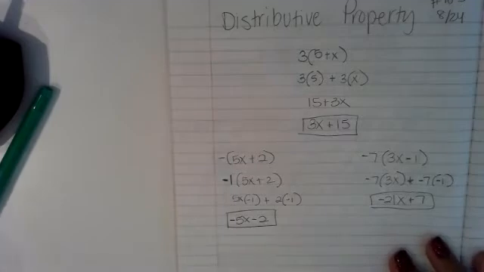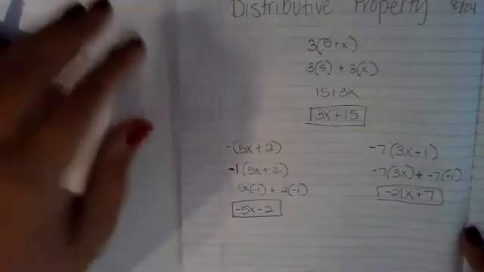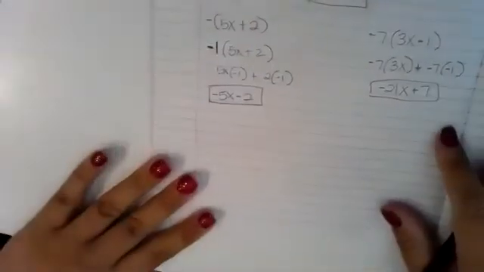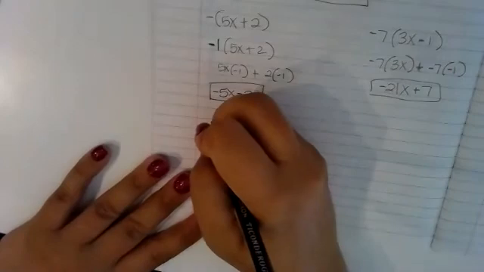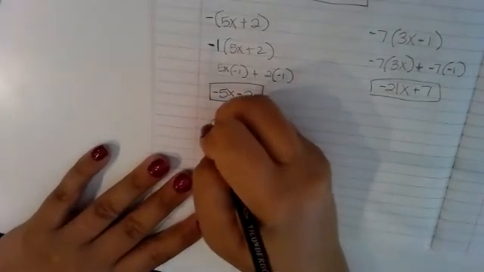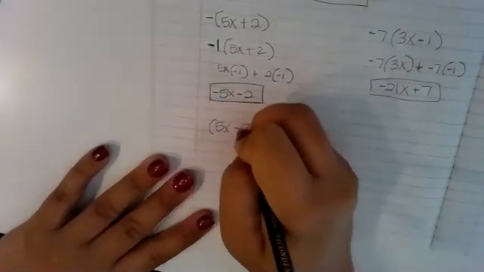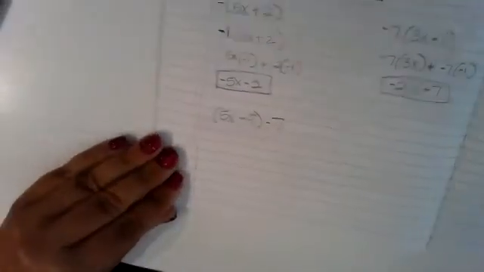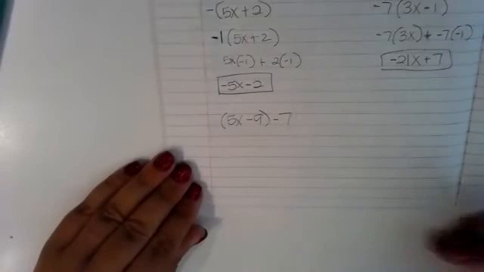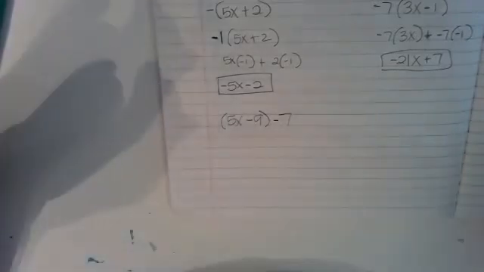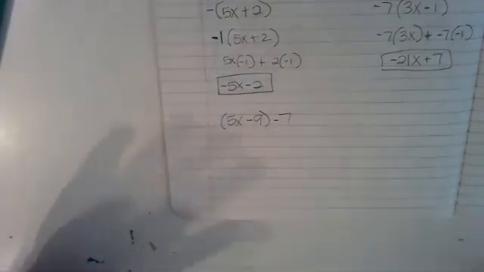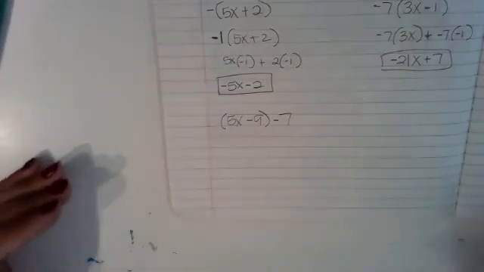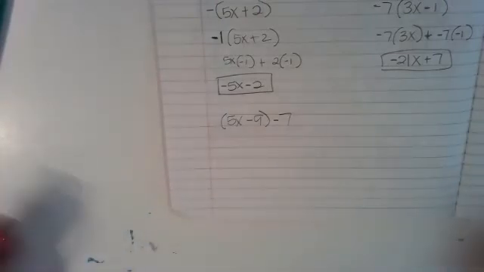Okay, another example. This example is going to show one of the things that a lot of us get stumped on, and here's my example problem. I'm not going to read it out loud because when I read it out loud, I'm going to give away kind of what we get stumped on. So I want to remind everybody that when I am doing math, I read my math going from left to right.